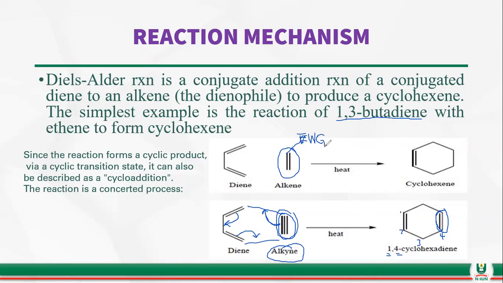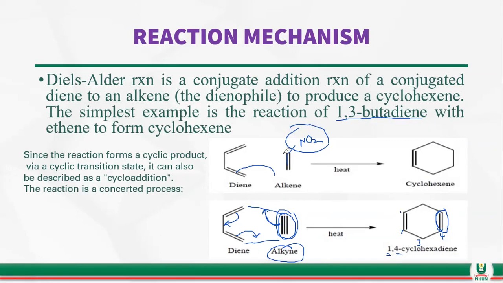So if you are reacting ethene with butadiene, if the reaction takes 20 minutes, for example, to form the product, and you now put a nitro group on position 1, which is an electron withdrawing group, it will take less than 20 minutes to form. Why? Because the electron withdrawing group attached to your dienophile has made your dienophile much hungrier to accept readily, easily, and at a very fast rate the donation that is coming from your diene.